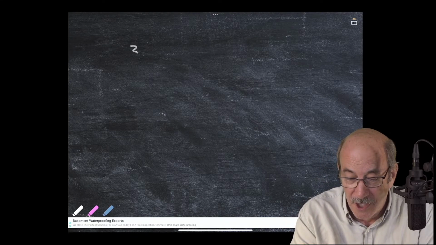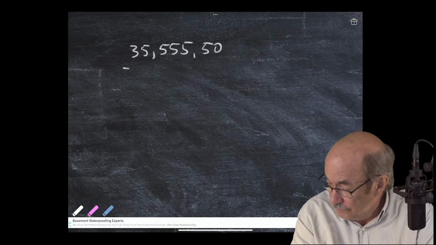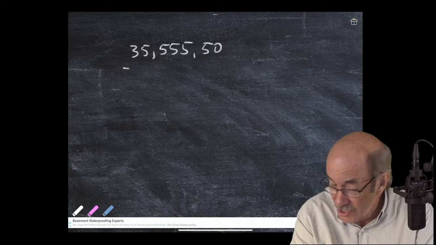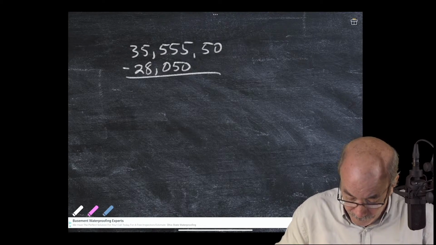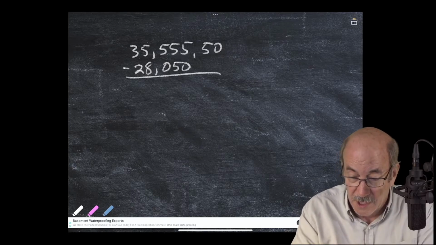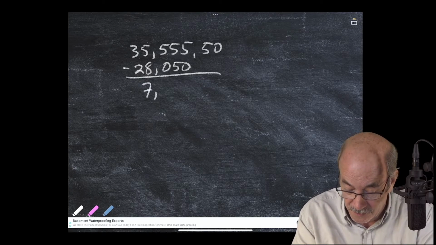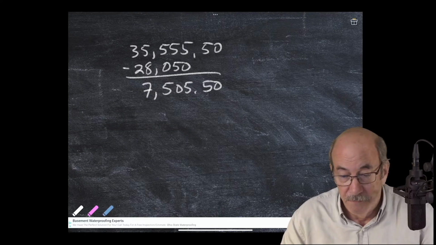All right, so now we just have 35,555.5 minus the 28,050. That gives me $7,505.50 as my net profit.